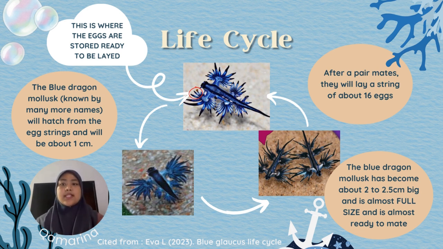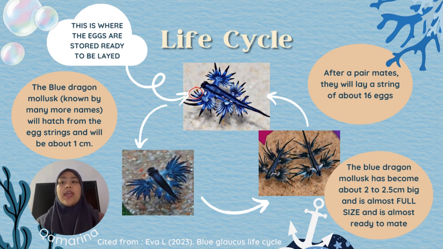The next stage is the adult stage, where the blue dragon mollusk has become about 2 to 25 cm big and is almost full size and almost ready to mate. Adults are hermaphroditic, meaning each individual has both male and female reproductive organs. When two blue sea dragons mate, they both transfer sperm to each other.